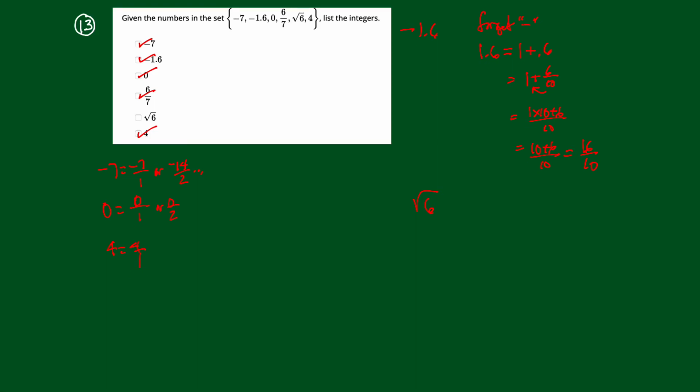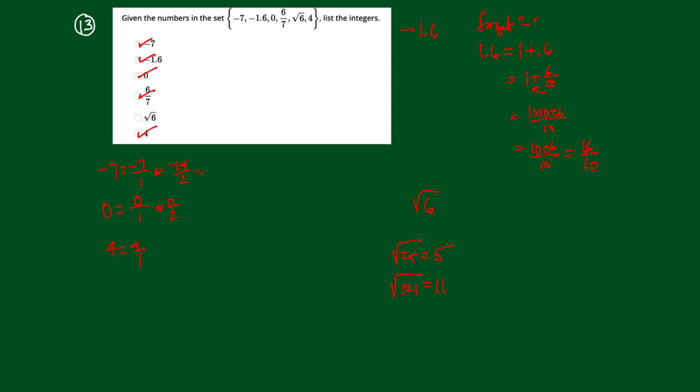Now, the last one we have to deal with is the square root of 6. So here's how you can think about these. When you see a square root, if you cannot get an integer out of this, it's going to be irrational. So for example, if I did this one, square root of 25, we all know what that is. That's 5. I got an integer. If I take the square root of 121, that's 11.